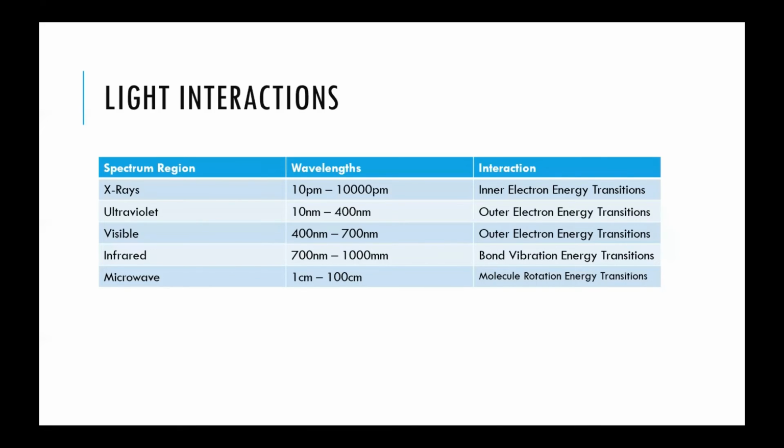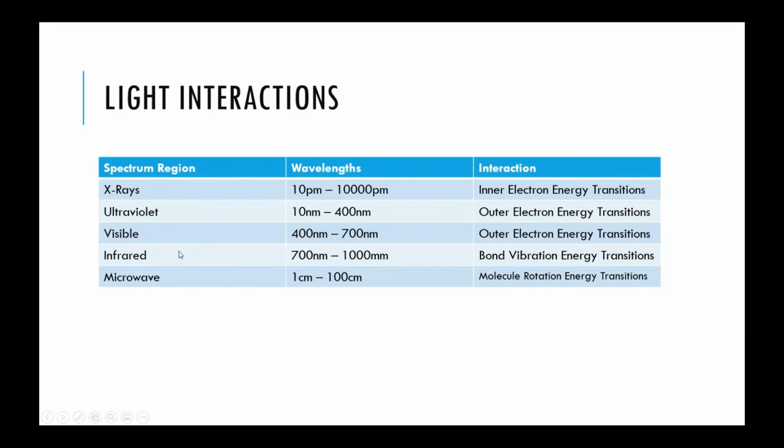As mentioned previously, the different colors or different energies of light relate to how they interact with different molecules and different chemicals. When you think about the electromagnetic spectrum of all the different wavelengths of light, the different groups with different energy levels are associated with different energy transitions of the element or the molecule.